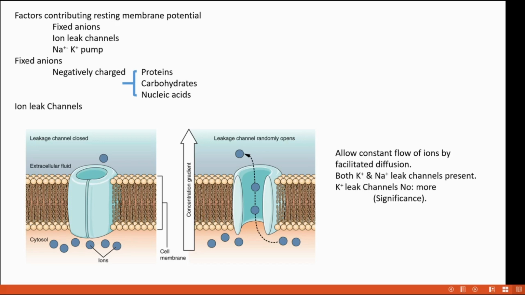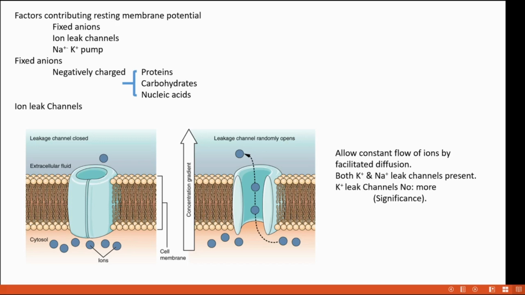Why? Because the number of potassium leak channels is more when compared to the number of sodium leak channels. That action supports the maintenance of positive charge on the outside and negative charge on the inside. Why negative charge inside?